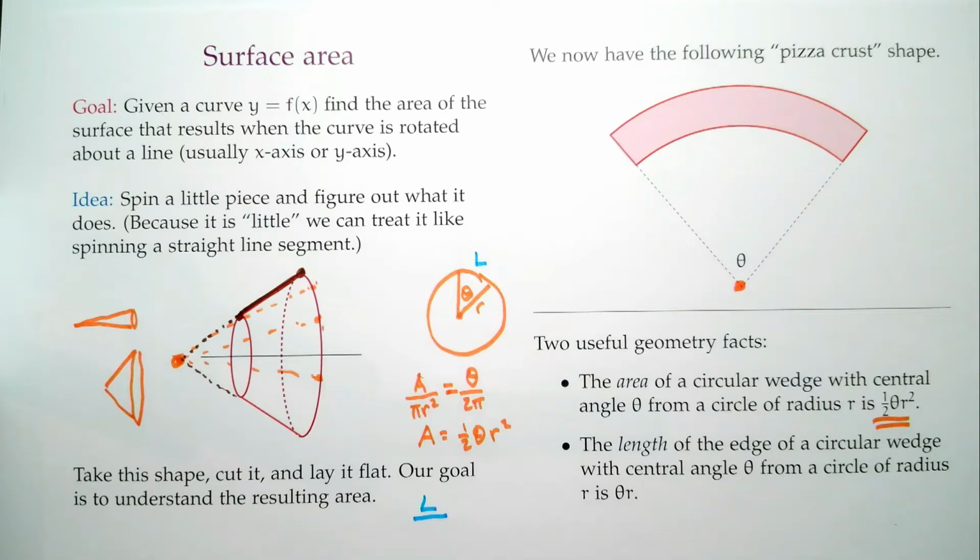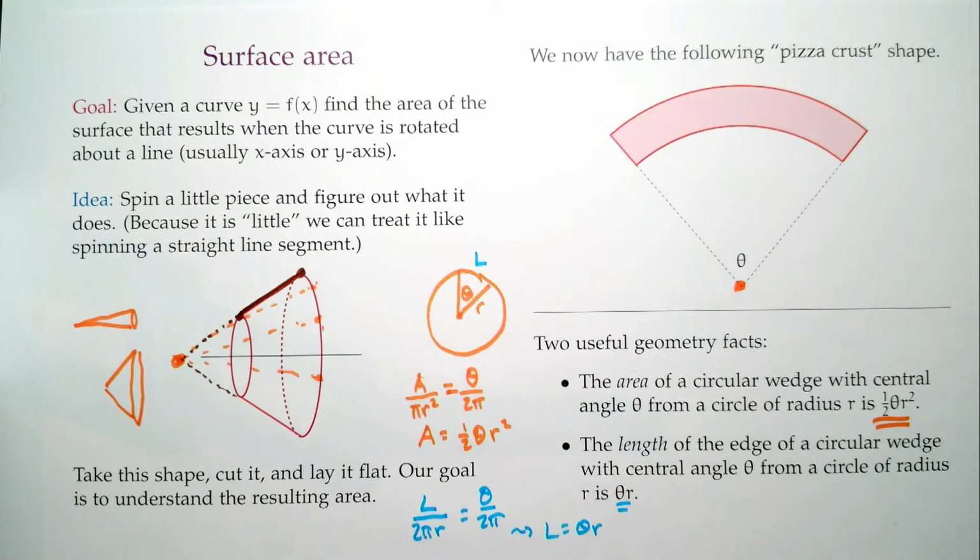What is the circumference of a circle of radius r? 2 pi r. So 2 pi r is equal to the angle divided by 2 pi. So now multiply both sides through by 2 pi r, and we get that length is equal to theta times r, which is that formula. So these are our two facts that we need to know, and if we have these two facts, then we're going to be able to figure out what's going on.